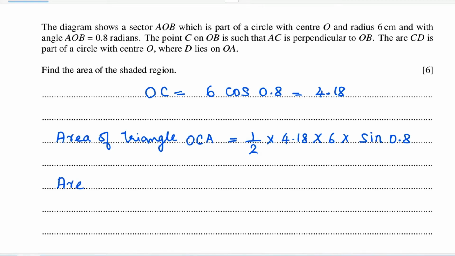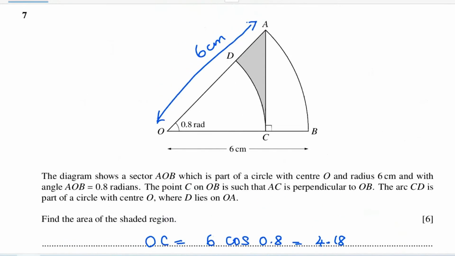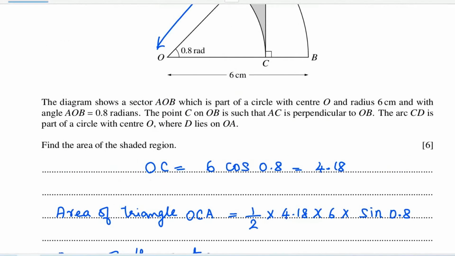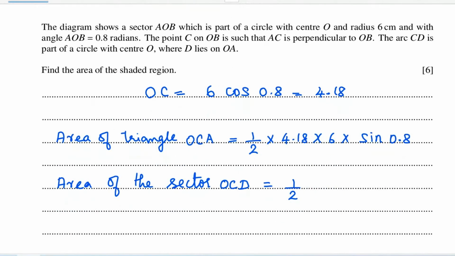And area of the sector OCD, the radius is 4.18, so 4.18 square multiplied by the angle, which is 0.8.